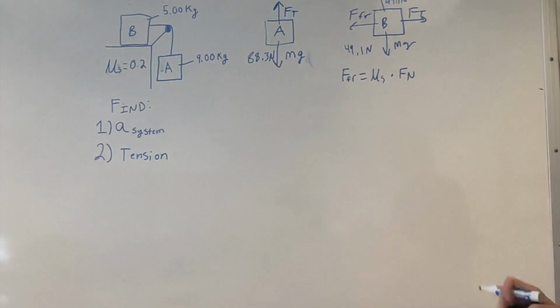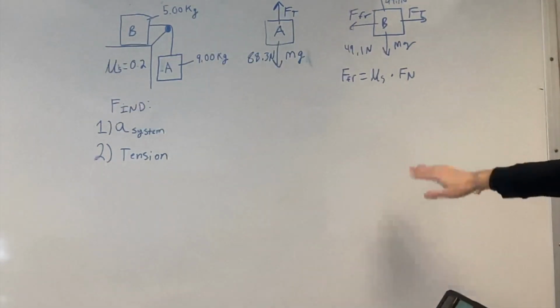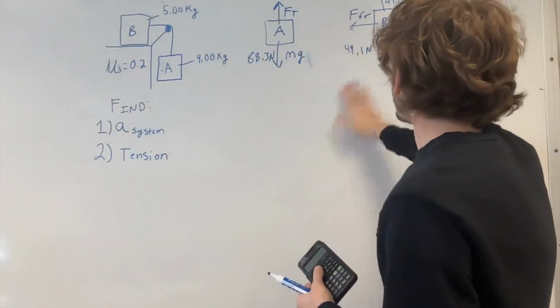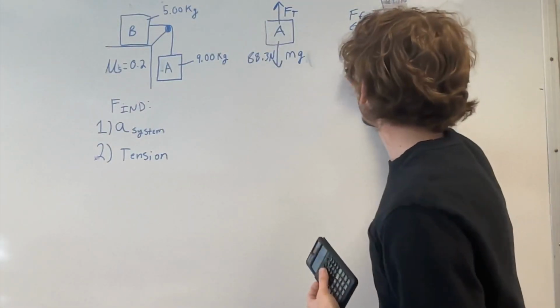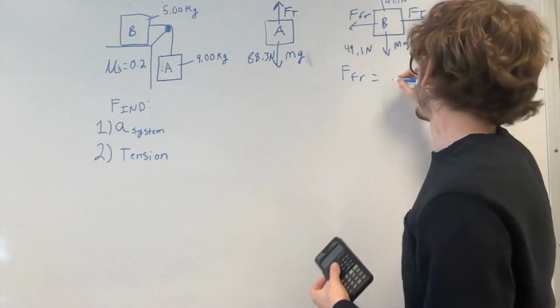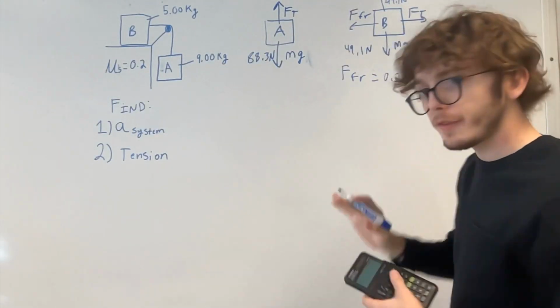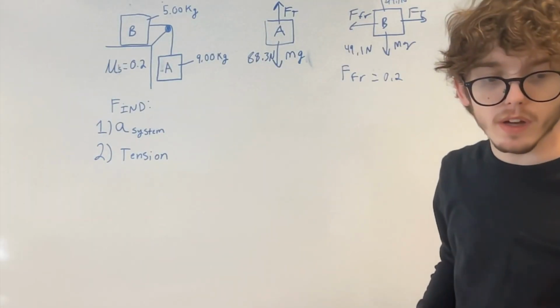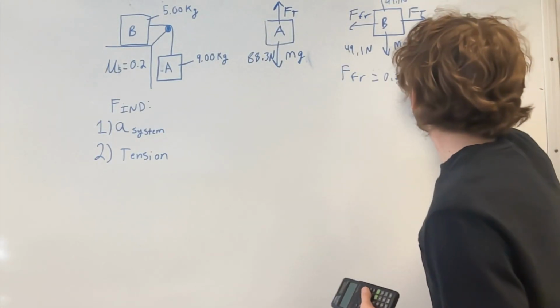Okie dokie. So let's set up some equations here. We can actually find, if we want, the force of friction. So let's do that. The force of friction, in this case, is going to be equal to the static coefficient constant of 0.2. No units on that. It's just kind of a ratio here.